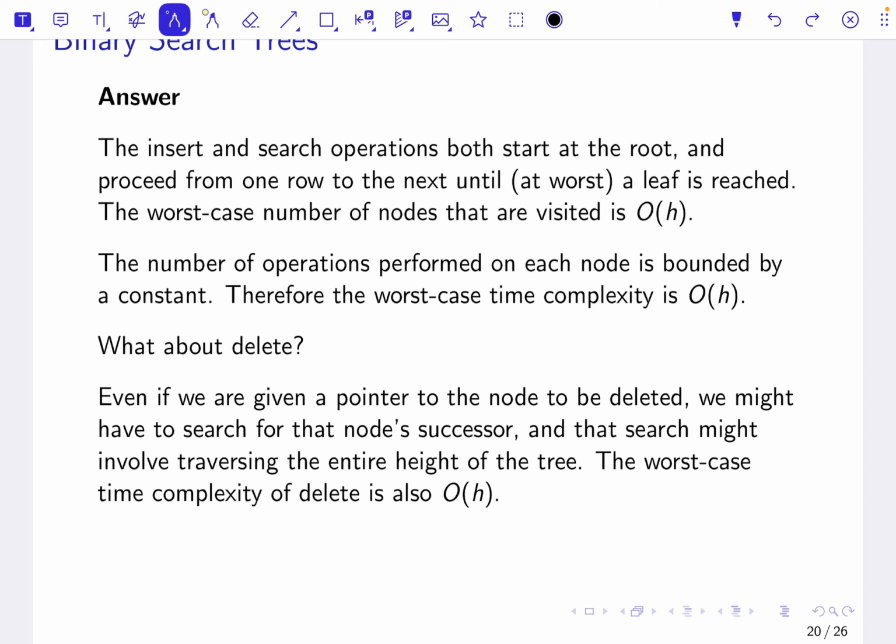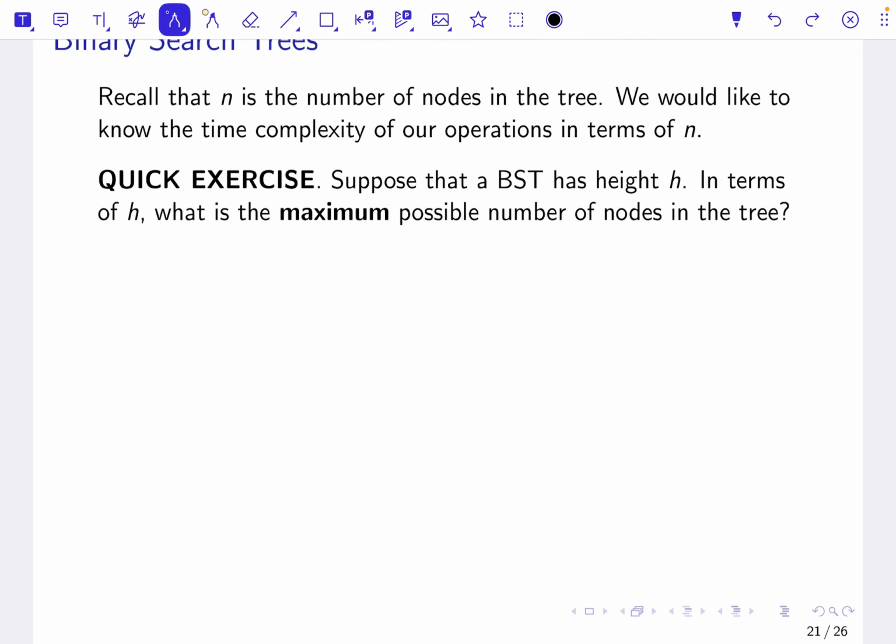So while the average case improves, the worst case time complexity of delete is still O of H. So that's pretty cool. All of these operations have time complexity big O of H.